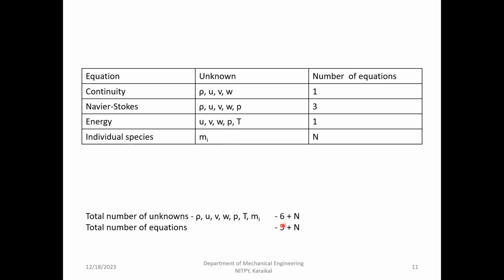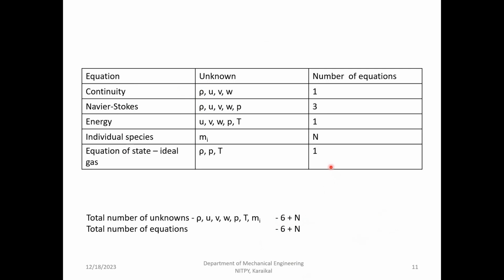That's one method. Or if I can't remove density, then I have to include the equation of state, which relates density with pressure and temperature. So I get one more equation, and I end up with 6 plus n equations with 6 plus n unknowns. This is what is being done in Fluent. When you go with Fluent, if you want to solve for compressible flows, gas dynamical flows, supersonic flows, in material property there is an option for density.